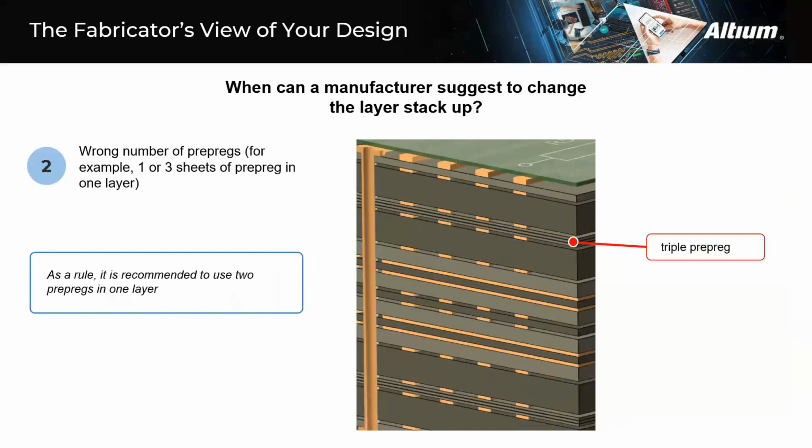Another aspect to consider related to dielectric layers that may arise is the number of prepreg sheets between layers. Many fabricators recommend, as a rule, the use of 2 layers of prepreg to ensure quality compression. However, not everyone follows the recommendations and may deviate from them by using 1 or 3 layers.